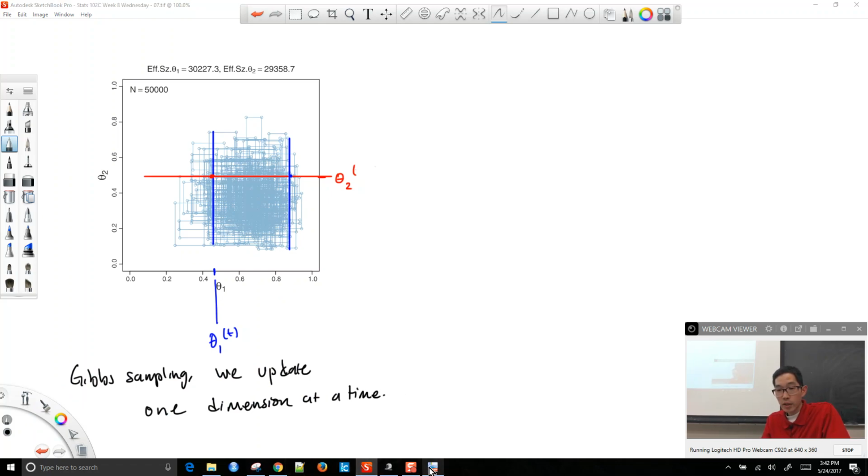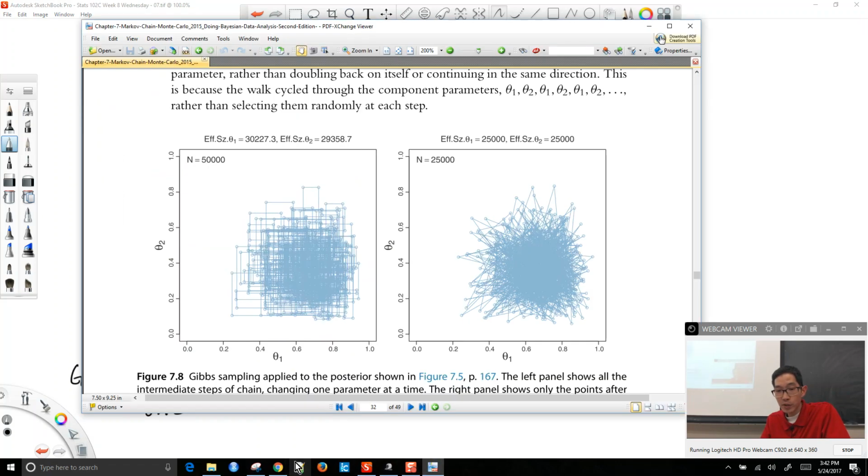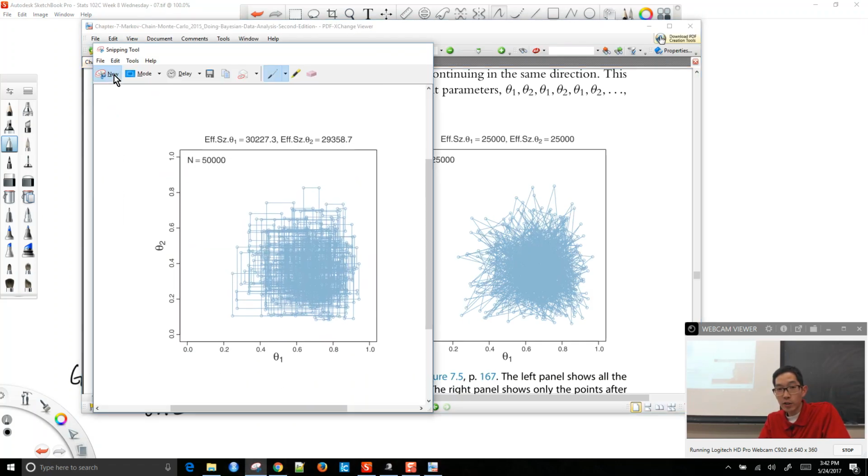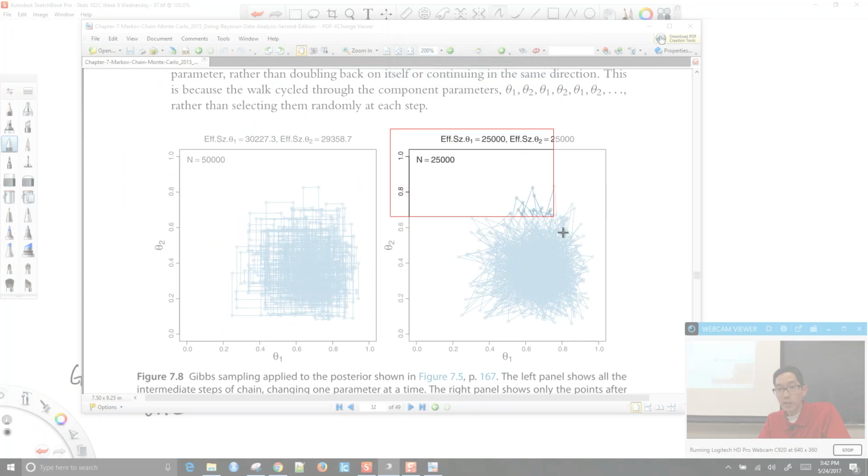On the other hand, with the multivariate Metropolis, or Metropolis-Hastings, we try to update all of the values at the same time.